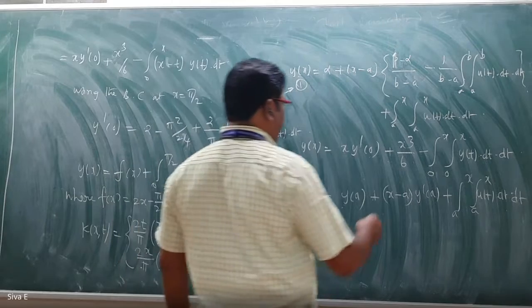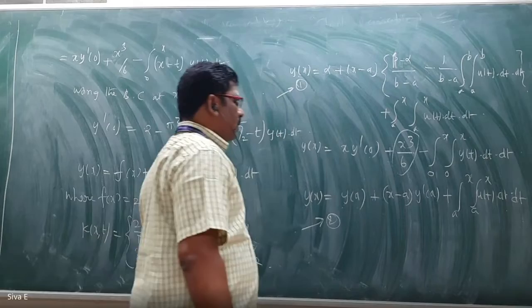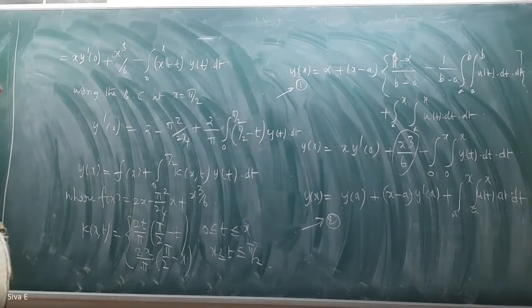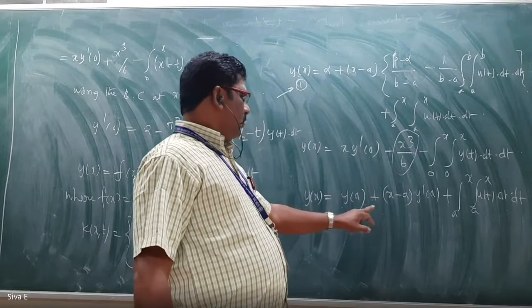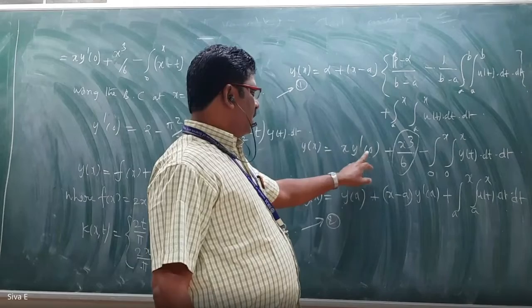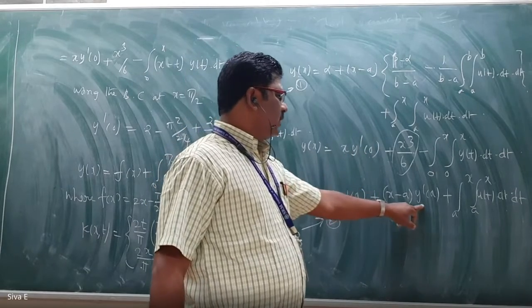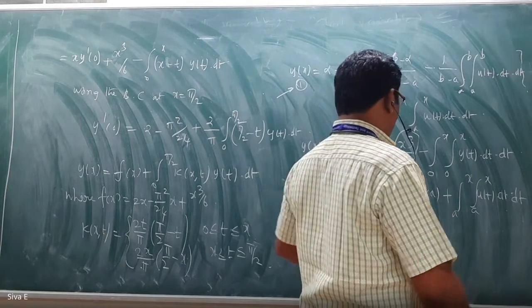But you can see, how can you get that x cube by 6 here? Anybody? As per the formula, everything is okay. y of a is 0, leave it. x y dash of 0, that is based on this one. I think it is minus.